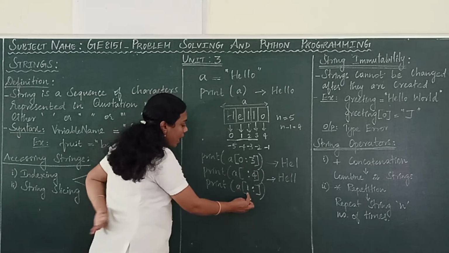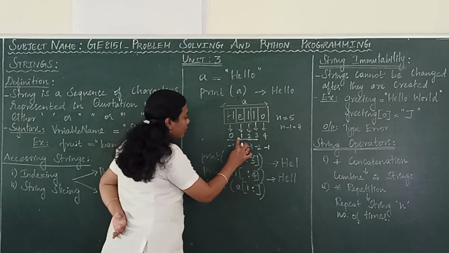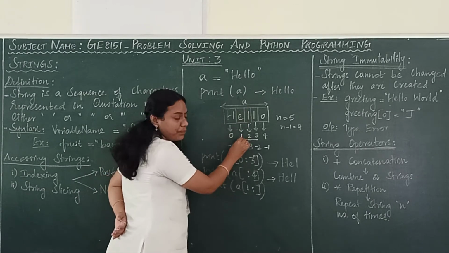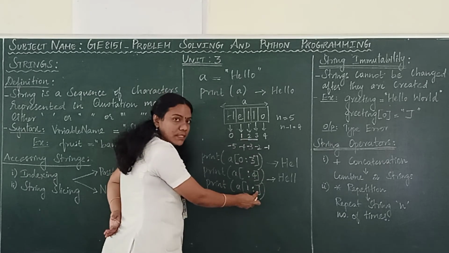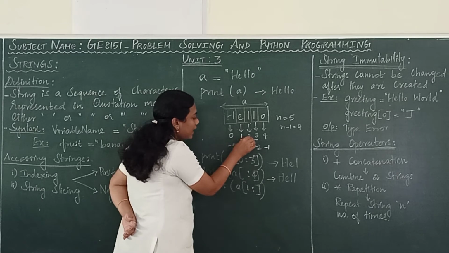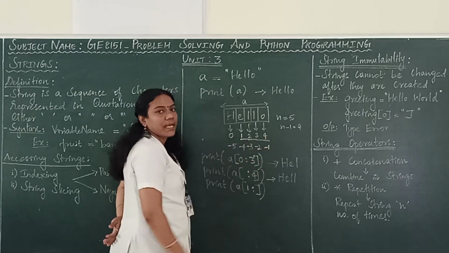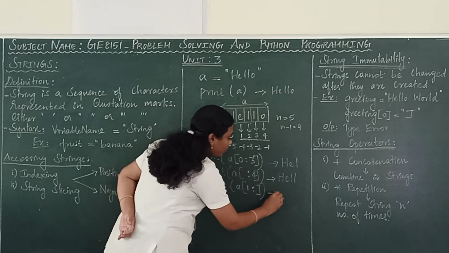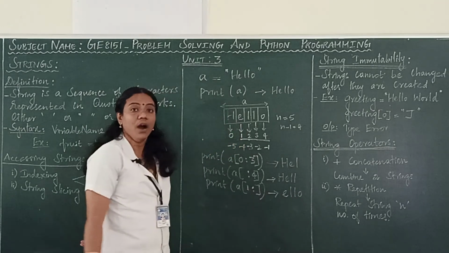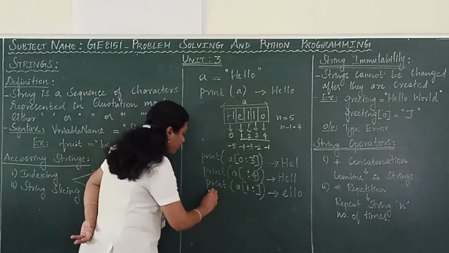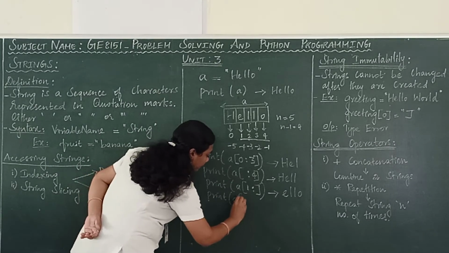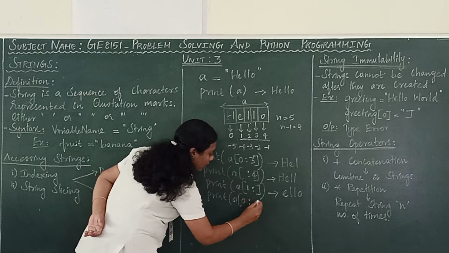But the starting position is given as 1, from the character E. Here the ending position is missing, so it will start to print from 1, the second, third and fourth position characters. So, you will get the output as E, L, L, O, right. This will be the output. Understood?